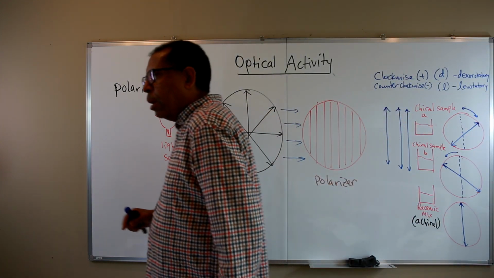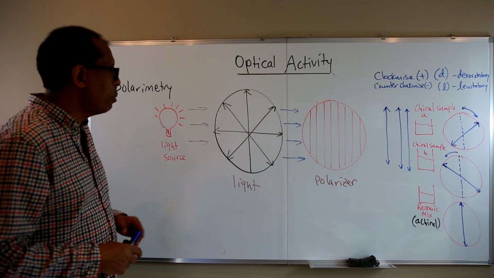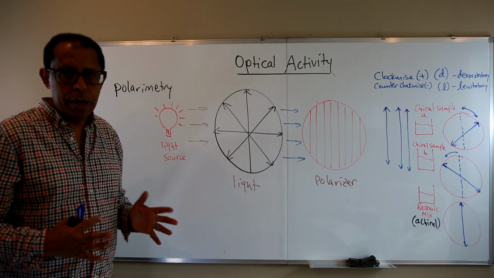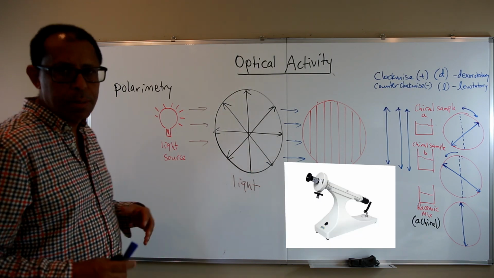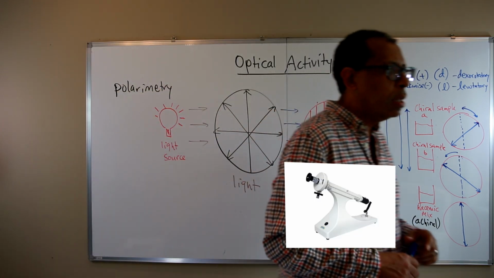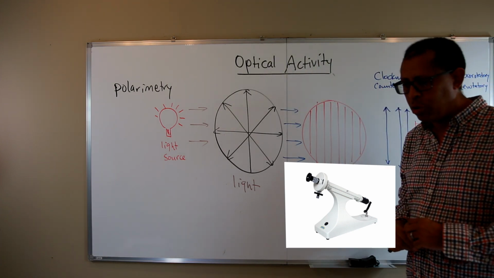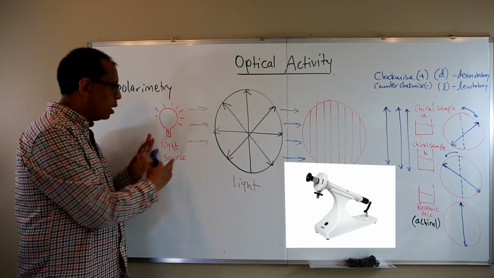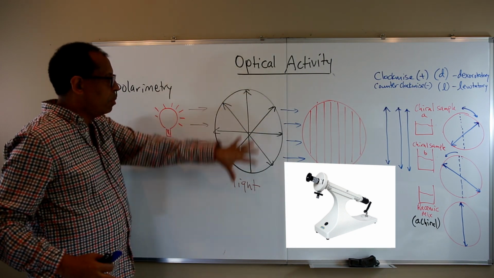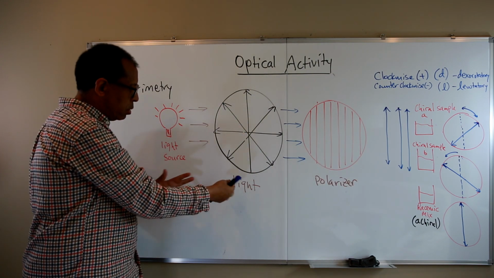The way we study their physical property, especially their optical activity, is called polarimetry. I will briefly describe how the polarimeter works in terms of measuring optical activity of the enantiomers. Here you have a light source, a general light source. That means it is polarized in every direction, in every angle. It's random.